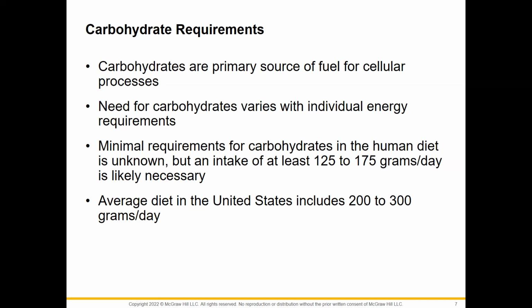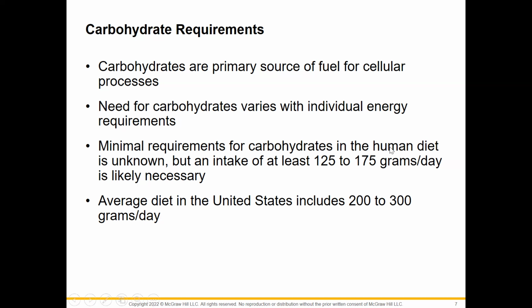The minimal requirement for carbohydrates in the human diet is unknown. Nobody really knows the minimum amount of carbohydrates that a human can survive on. But at this point, we feel like it might be at least 125 to 175 grams per day. The average diet in the US gives us 200 to 300 grams of carbohydrates per day.